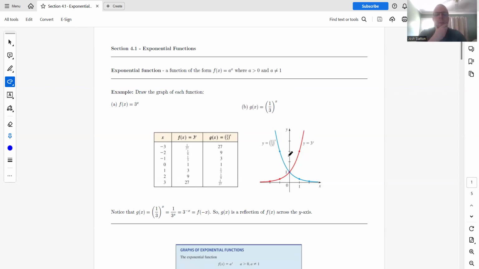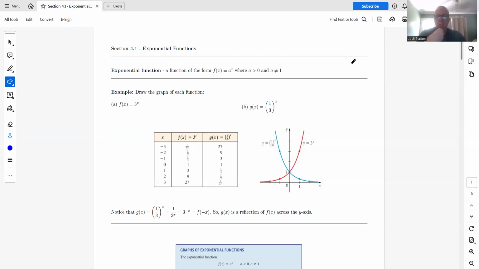We'll make a couple of observations here. First of all, g of x is 1/3 to the x, and 1/3 to the x is the same as 3 to the negative x, and that is the same as f of negative x. Thinking back to the transformations that we did a couple of chapters ago, this is a reflection around the y-axis.